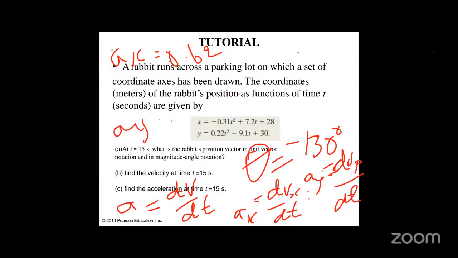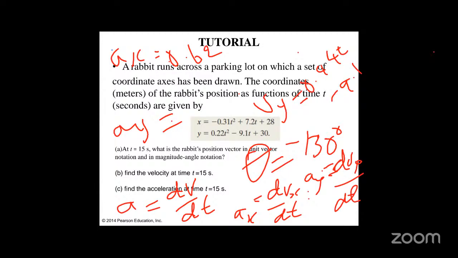Ay will be, from our previous work in finding the velocity of the y component, we have Vy to be 0.44 t minus 9.1.